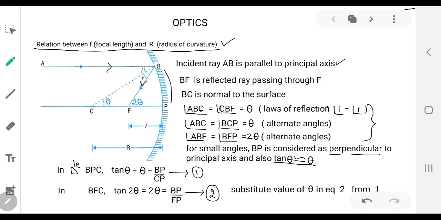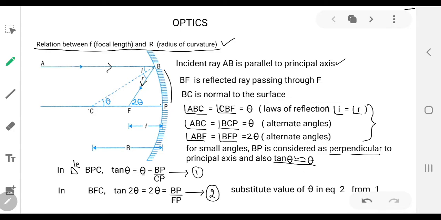BPC becomes a right angle triangle. So for a right angle triangle you can apply the trigonometric functions. So in the triangle BPC, for the angle theta you have to apply the tan function. So tan theta, as it is a small angle approximation, tan theta will be equal to theta.